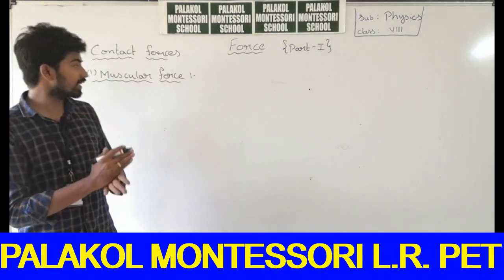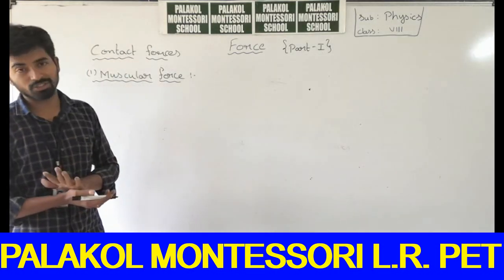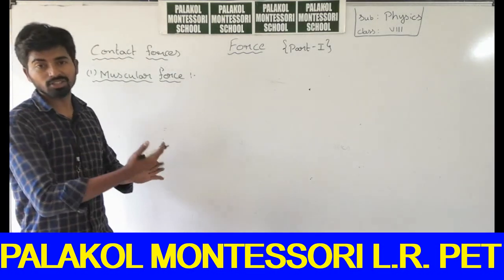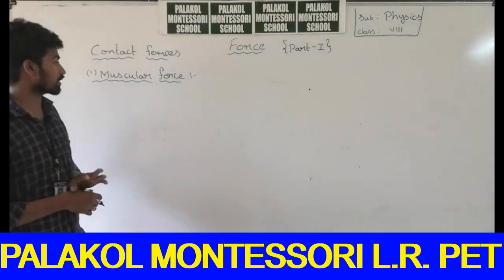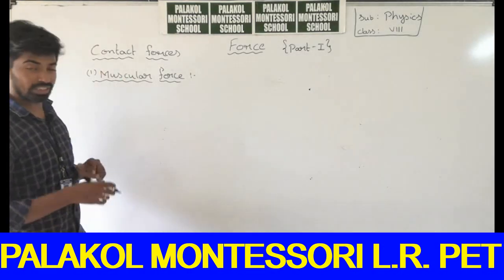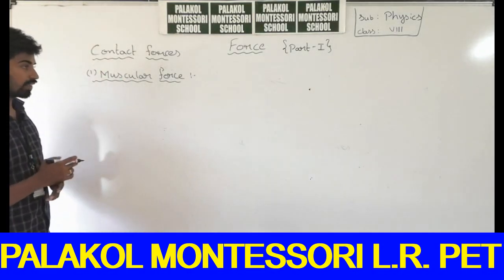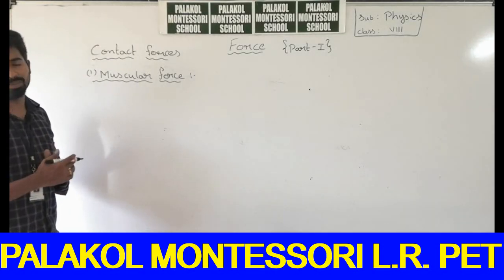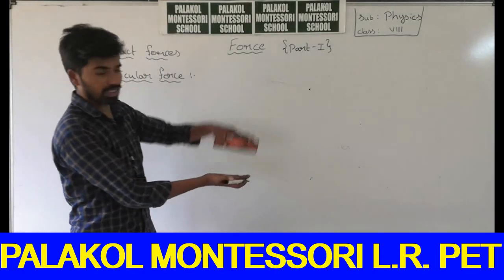The forces that act on the object with direct physical contact are called contact forces. In contact forces, the first type is muscular force: the force applied on the object with the help of muscles. For example, I was lifting this object.